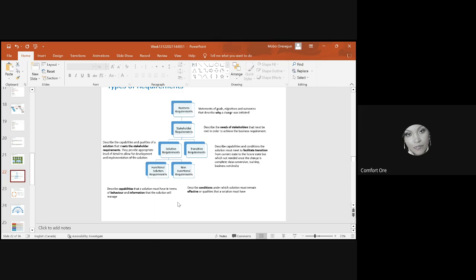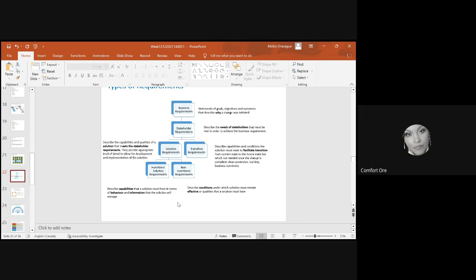If you go to one bank and they ask you for some requirements, most likely it's the same thing that you meet in the other banks. They have a policy that kind of guides their processes. However, what makes you feel welcomed in one bank as against transacting in the other bank when they offer the same service? So it will be the behavior and the information that the solution will manage.